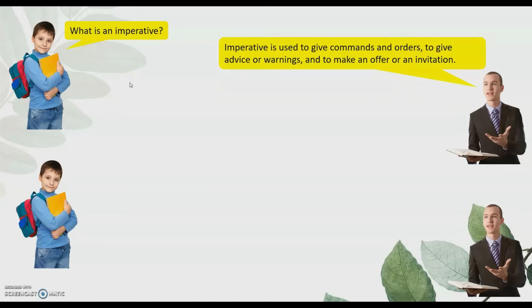So, the teacher said that an imperative is used to give commands and orders, to give advice or warnings, and to take an offer or an invitation. Okay? Let's see the first one. Imperative is used to give commands and orders. Commands and orders. Do you know what is the meaning of commands and orders?